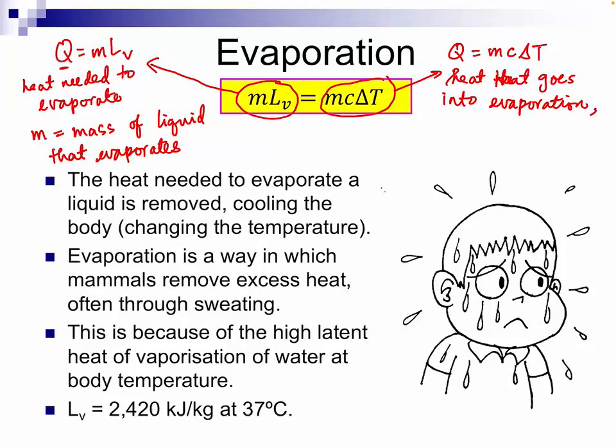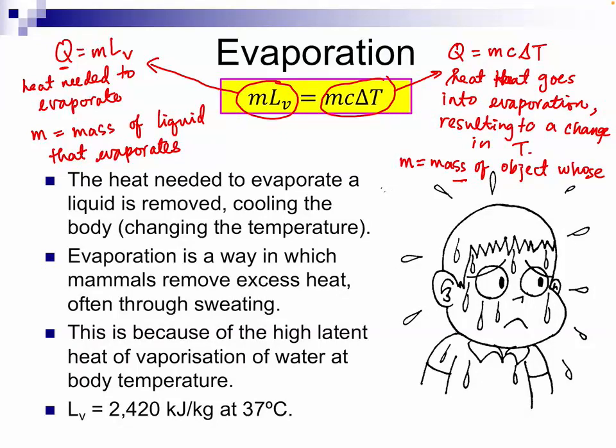And because you're losing heat, that results in a change in temperature. Okay, so since the Q equals mc delta T refers to a change in temperature of the object or the body, the m in this mc delta T therefore refers to the mass of the object whose temperature will change.